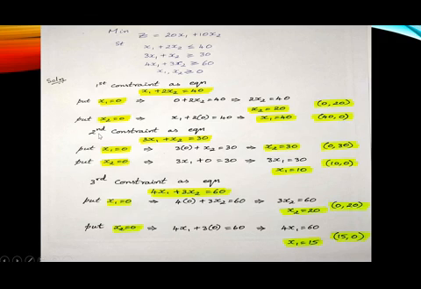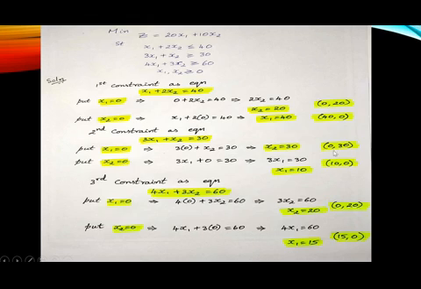Now consider the second constraint. The second constraint was 3x1 plus x2 greater than or equal to 30. When I consider it as an equation, it becomes 3x1 plus x2 equals 30. I put x1 equal to 0 there, so it makes x2 equal to 30.